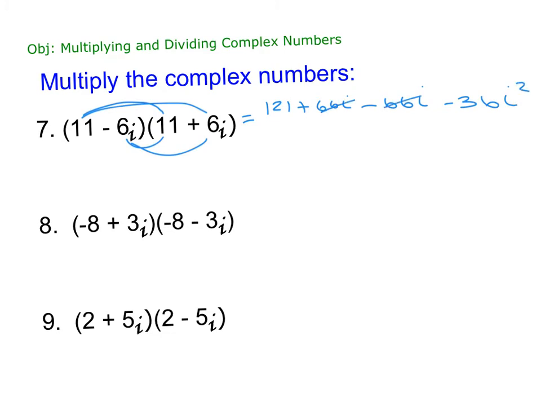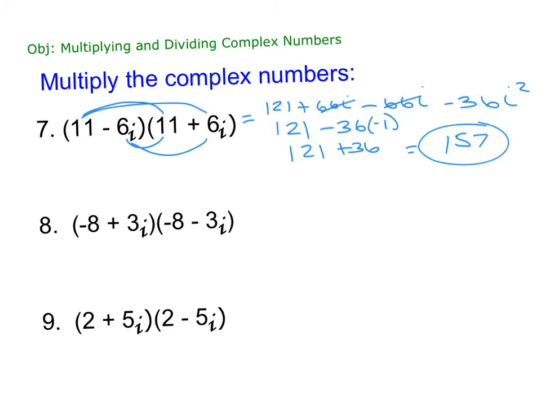And then notice what happens. We get 121, and then negative 36 times negative 1 becomes 121 plus 36. So our answer is an integer. The imaginary part of our complex number disappeared. So when we multiply these, where it's the same, like a difference of squares problem, we're going to get an integer.